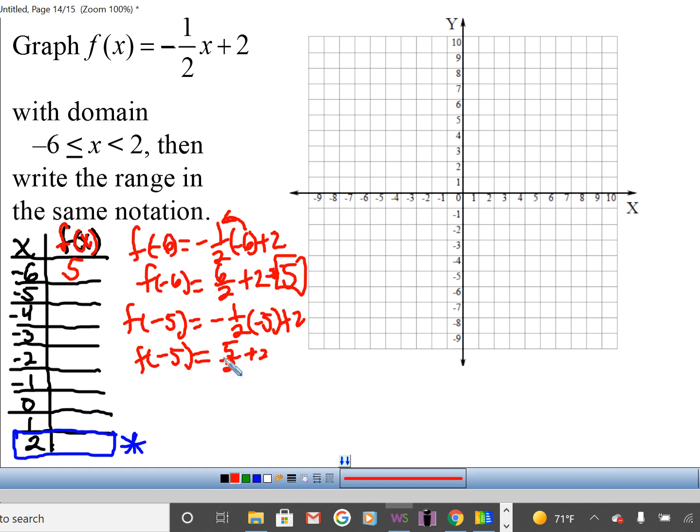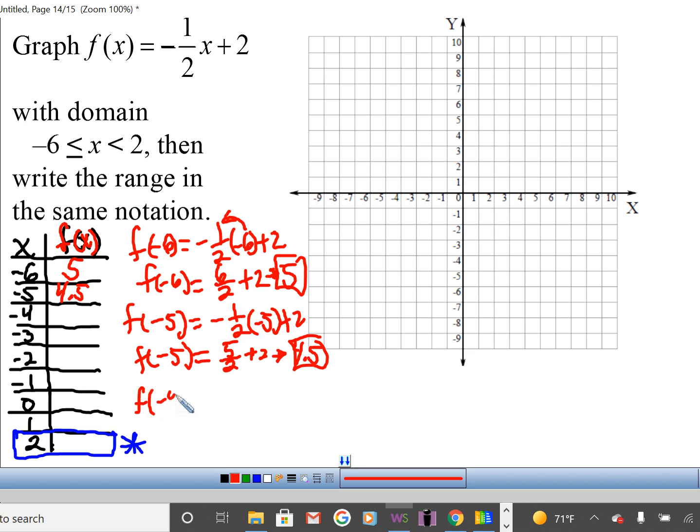What is 5 divided by 2? 2.5, yes, plus 2, 4.5, all right, 4.5.